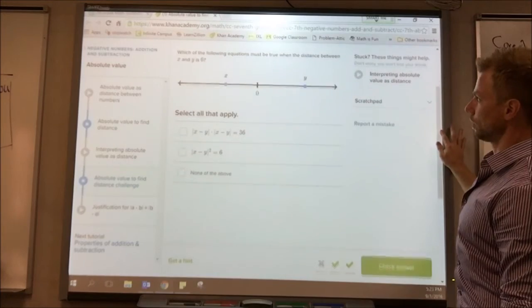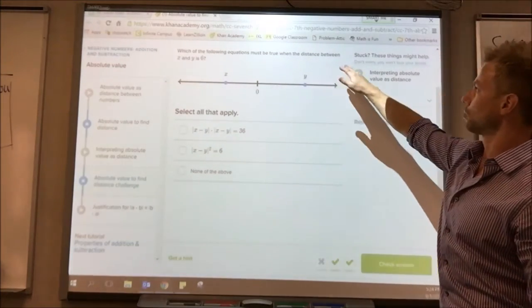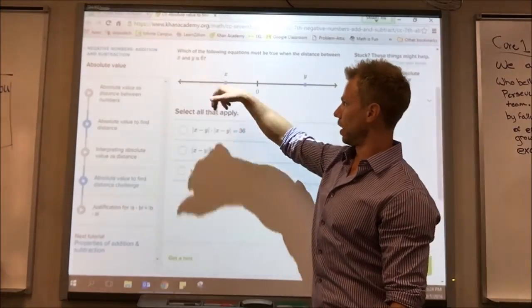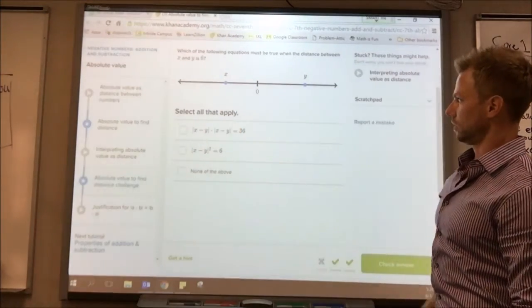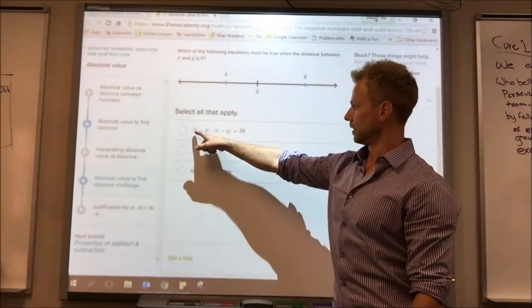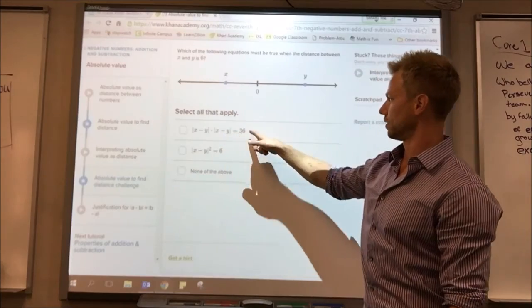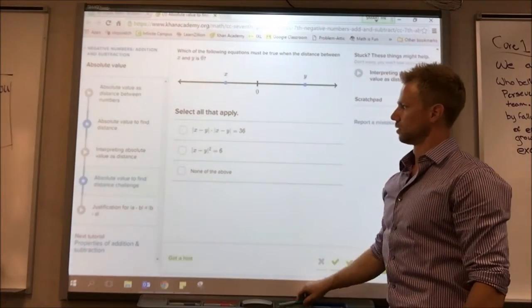Let's try one more from this link. It says, which of the following equations must be true when the distance between x and y is 6? Okay, must it be true that the distance from x and y times the distance of x and y is equal to 36?